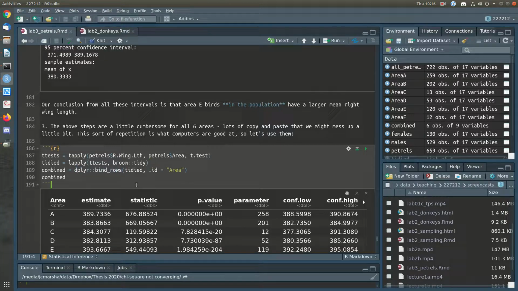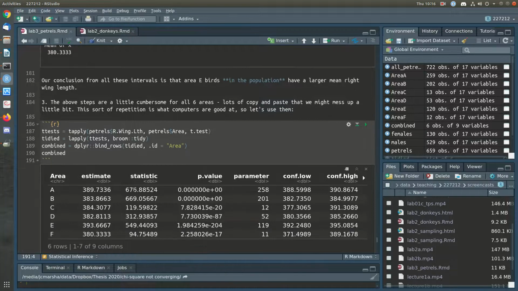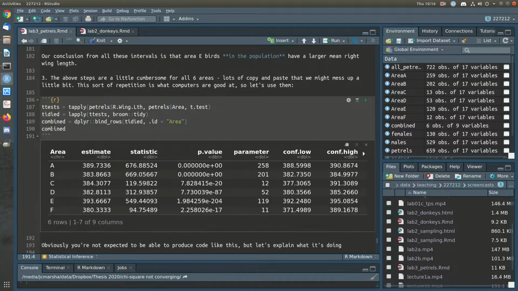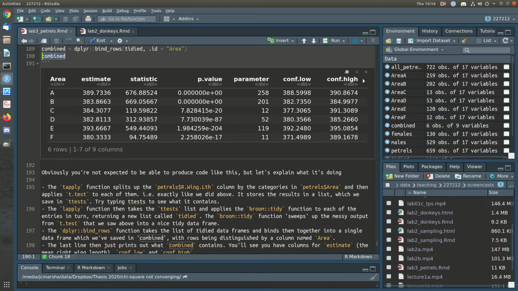Then dplyr bind_rows binds them up so that they're in a single data frame, combining all the rows together. So we've got our combined data here, that data frame.